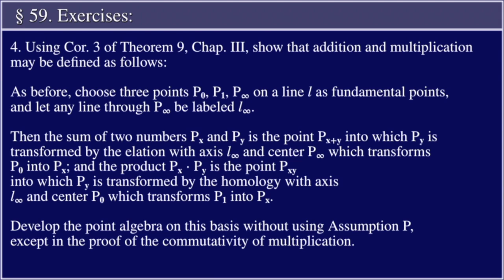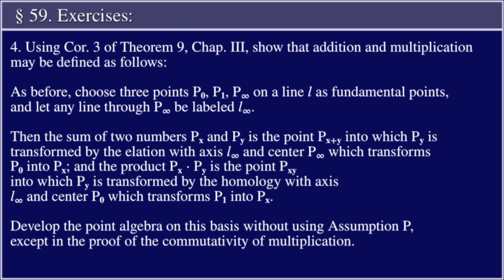4. Using Corollary 3 of Theorem 9, Chapter 3, show that addition and multiplication may be defined as follows. As before, choose 3 points, P0, P1, P infinity, on a line L as fundamental points, and let any line through P infinity be labeled L infinity.